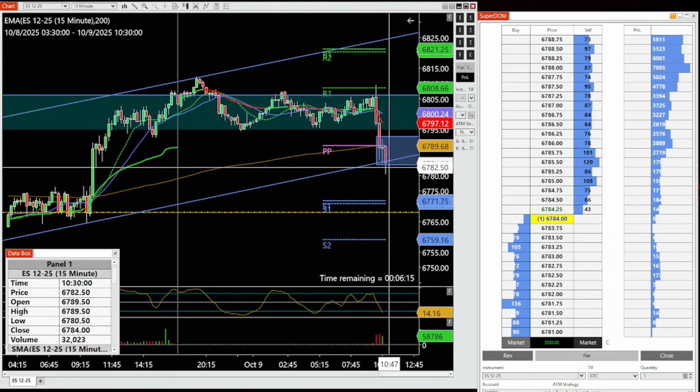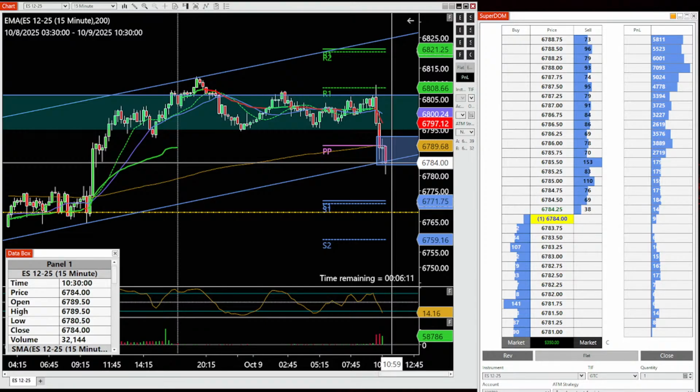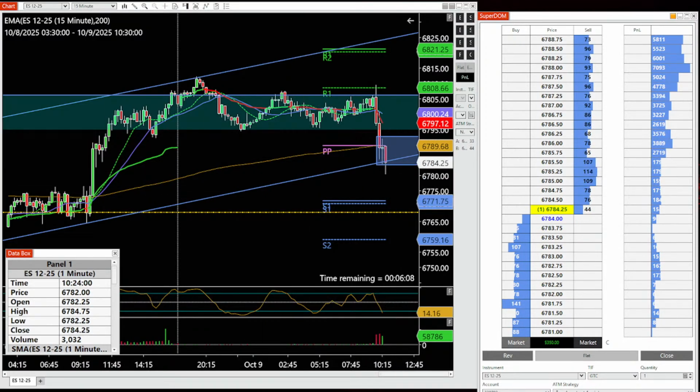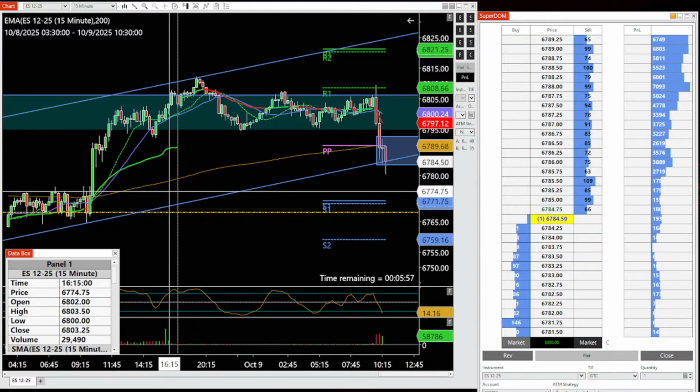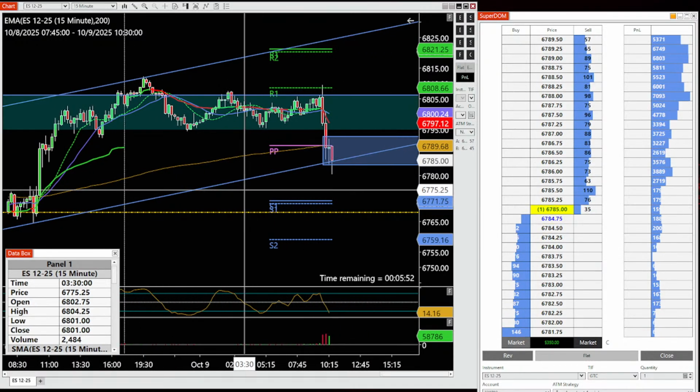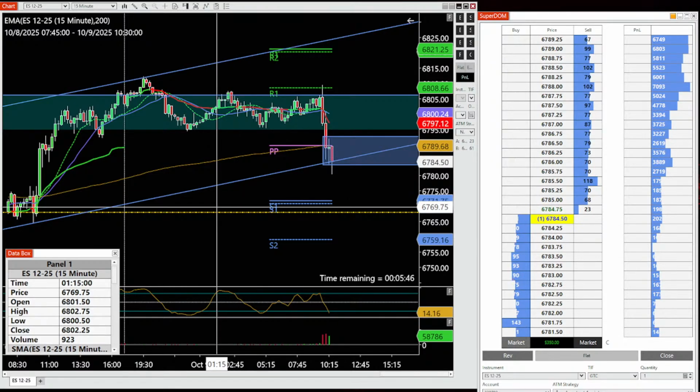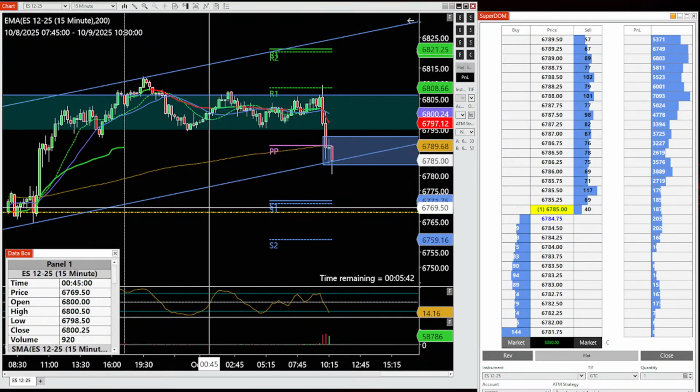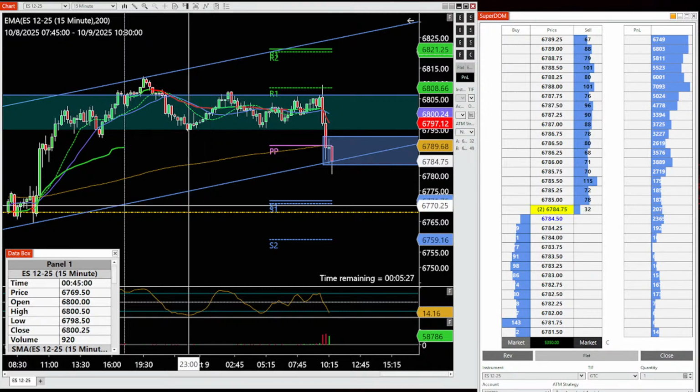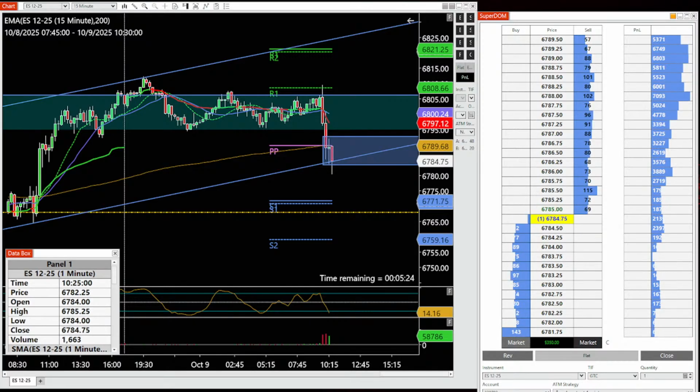Pop. Don't want to get caught in this. Do not want to get caught in this, trying to short. Do not want to get caught.